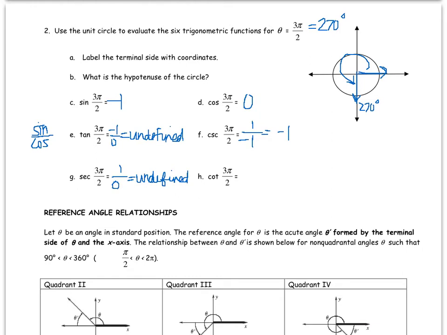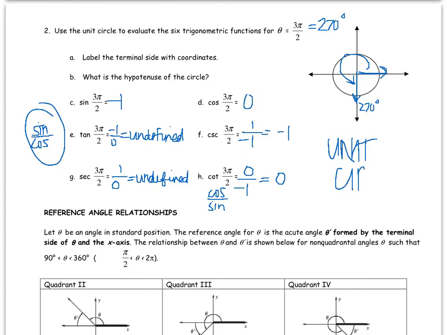And cotangent is cosine over sine because it's the reciprocal, so 0 over -1, which is 0. Again, keep in mind, you've got to know that tangent is sine over cosine to be able to do a lot of this stuff. Most of this comes back to the unit circle.